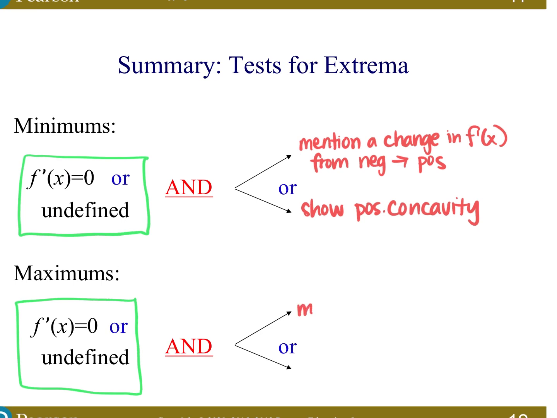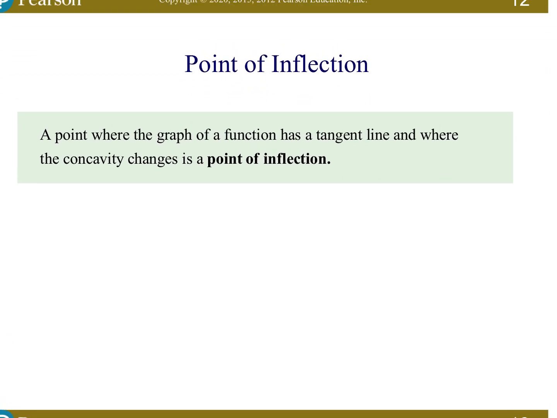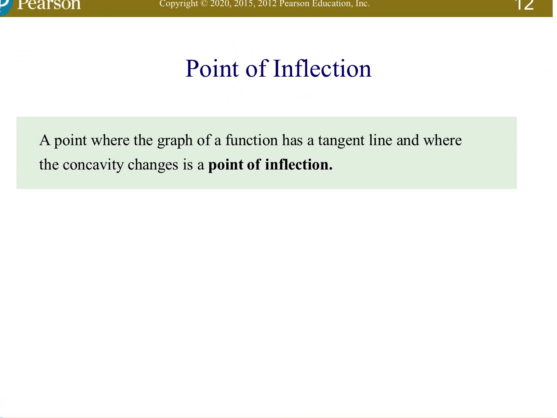So for a maximum, you want to mention a change in f prime from positive to negative, or you can show that a maximum comes from negative concavity. Okay, either of those will be sufficient as a justification. Now, if you want to talk about changing in the second derivative, this is how we justify a point of inflection.